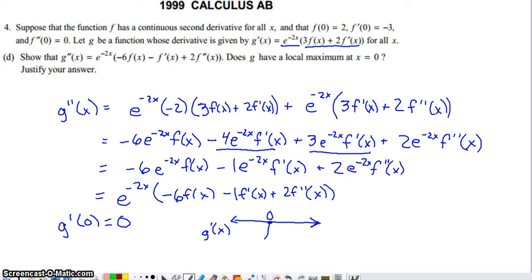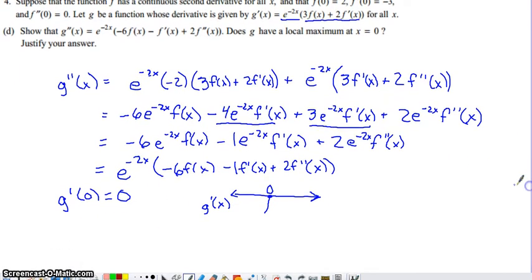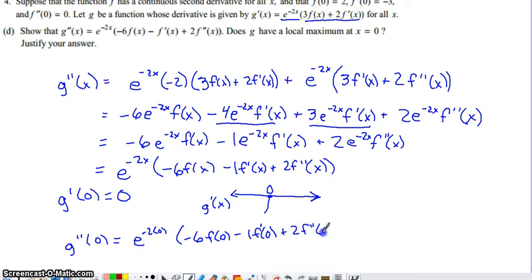In this case, we don't really want to waste our time doing that. What we have access to right here is g double prime. With a little bit of space that I have at the bottom of this screen, I'm going to compute g double prime of 0. G double prime of 0 is going to be e to the negative 2 times 0, times negative 6 f of 0 minus 1 times f prime of 0, and then plus 2 times f double prime of 0.